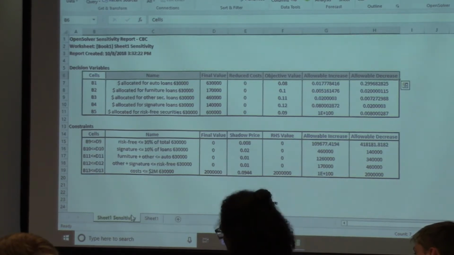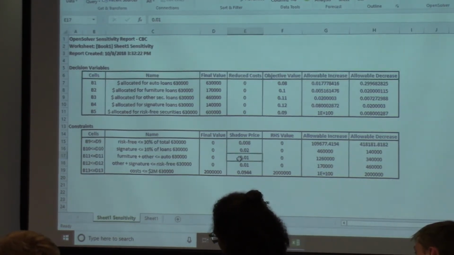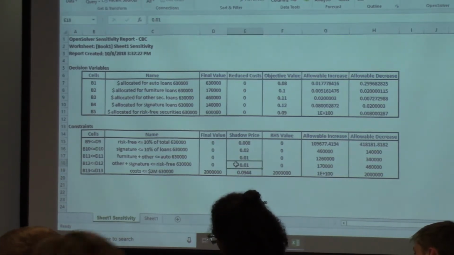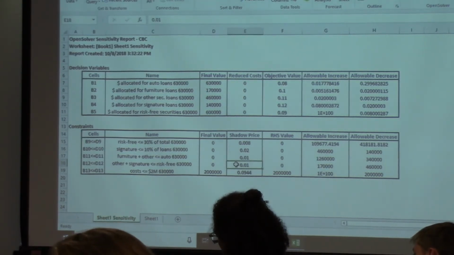So this is the marginal cost of each one of these constraints in our solution. So if you were to invest $1 more, you would make 80 more cents?